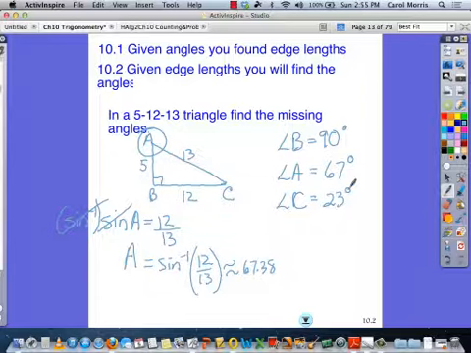Now, what I want to remind you of, when you hit sine, cosine, or tangent, you were finding edge lengths, proportions, edge ratio, or the ratio of the edges.